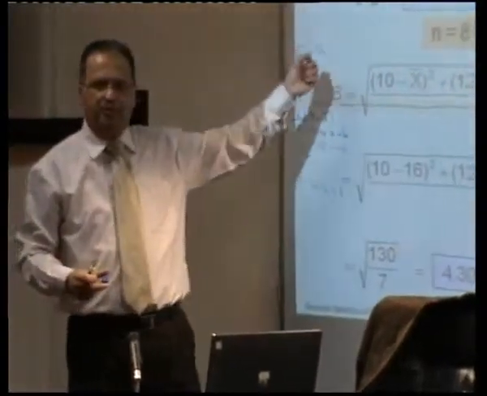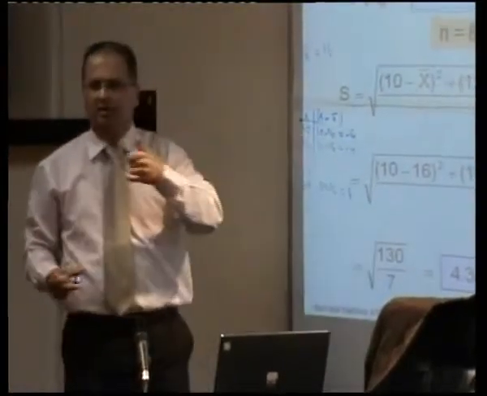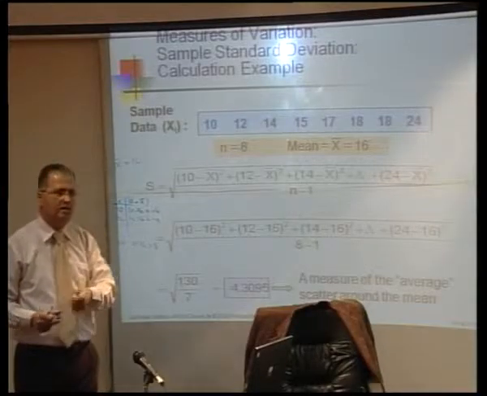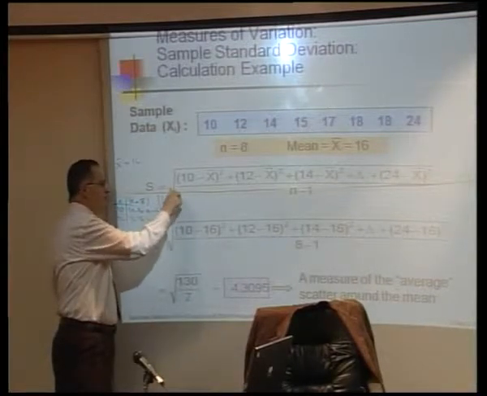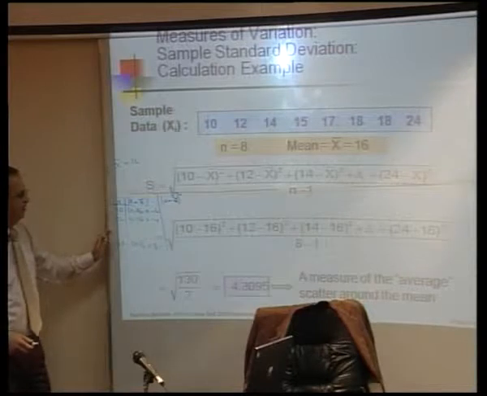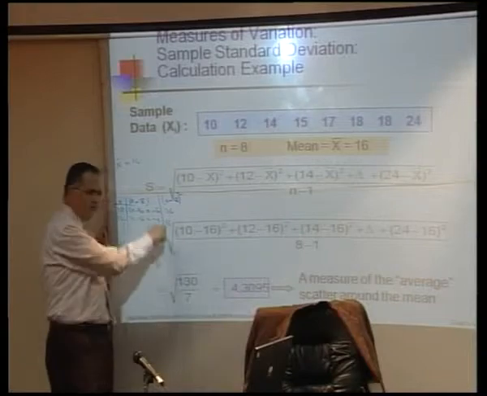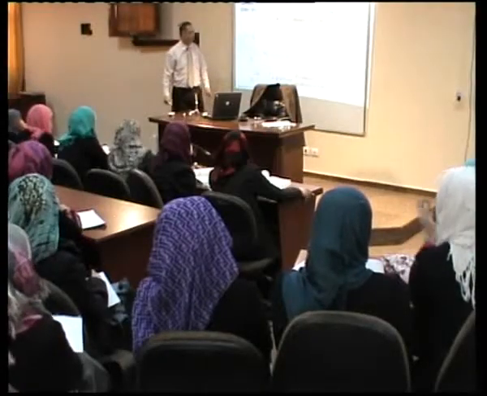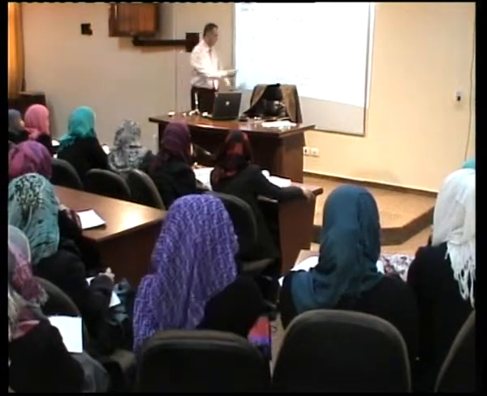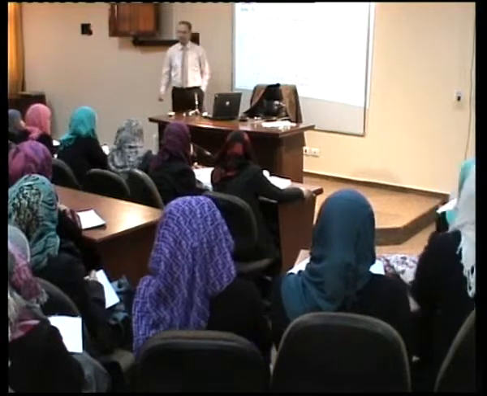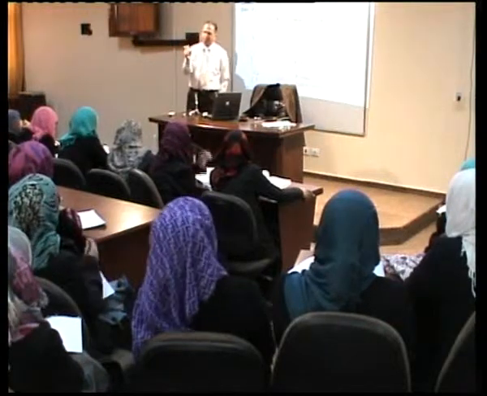Then square each one, so x minus x bar squared: minus 6 squared is 36, 16, up to 64. Now sum all of these values, and you will get 130. So the sum of the squared deviations of each value from the mean equals 130.